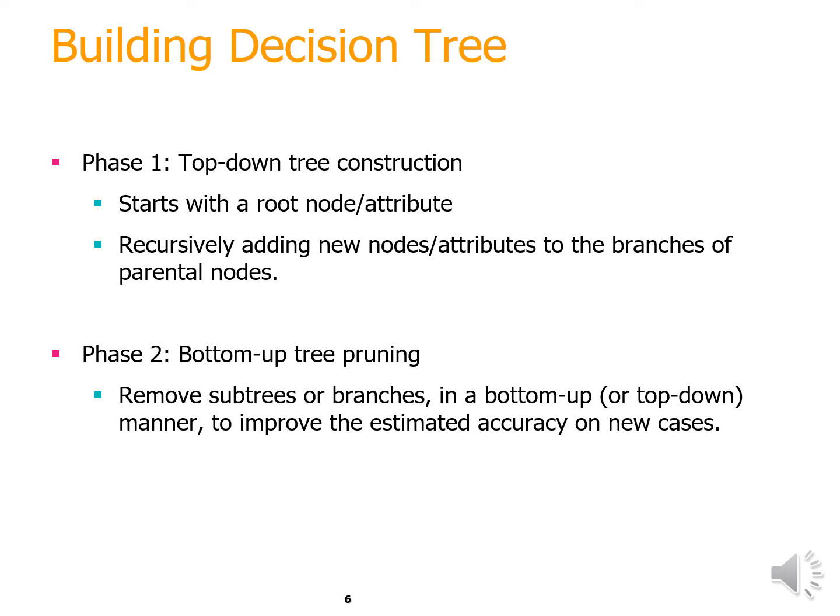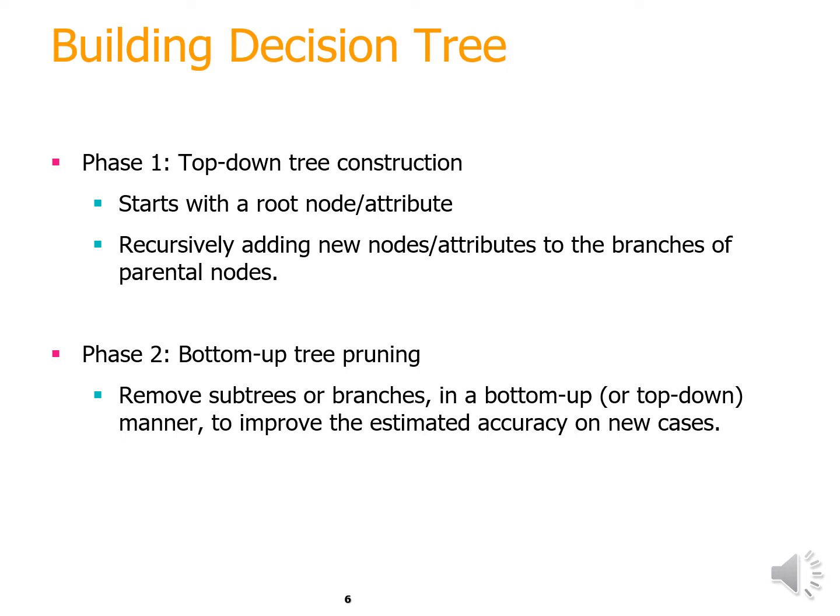In phase one, it's called top-down tree construction. So this is a decision tree. When you build a decision tree, you start with the root node or root attribute. Each node is an attribute. So you start with the root attribute, and then in each branch of the attribute, you keep adding another new attribute.